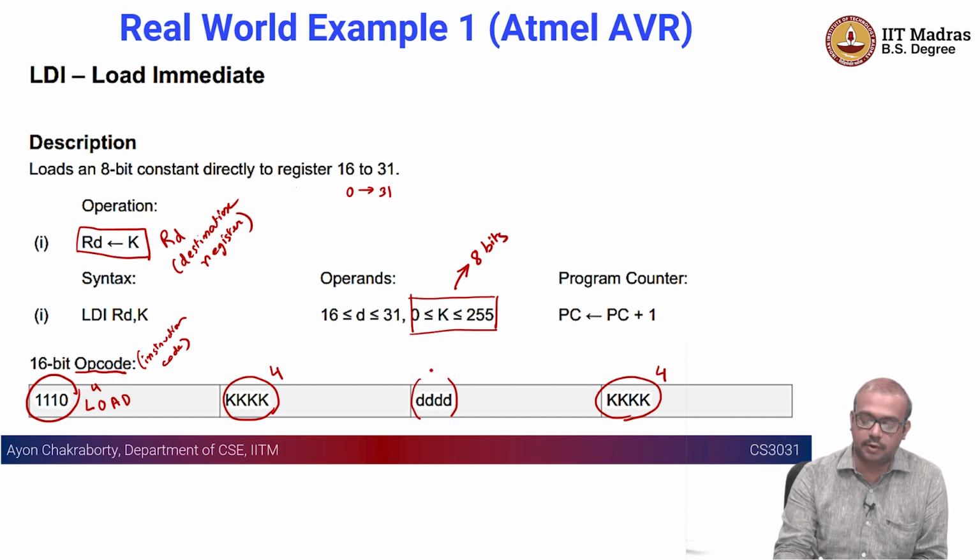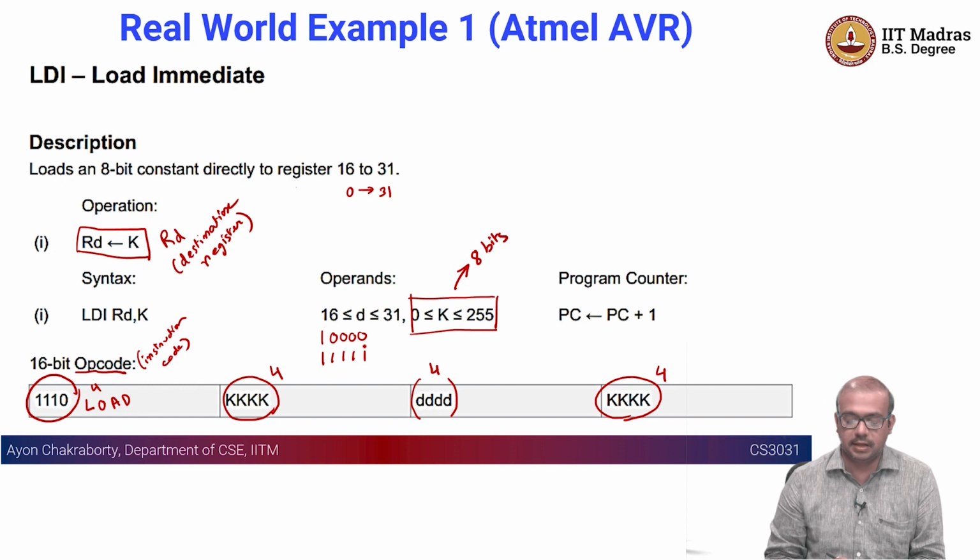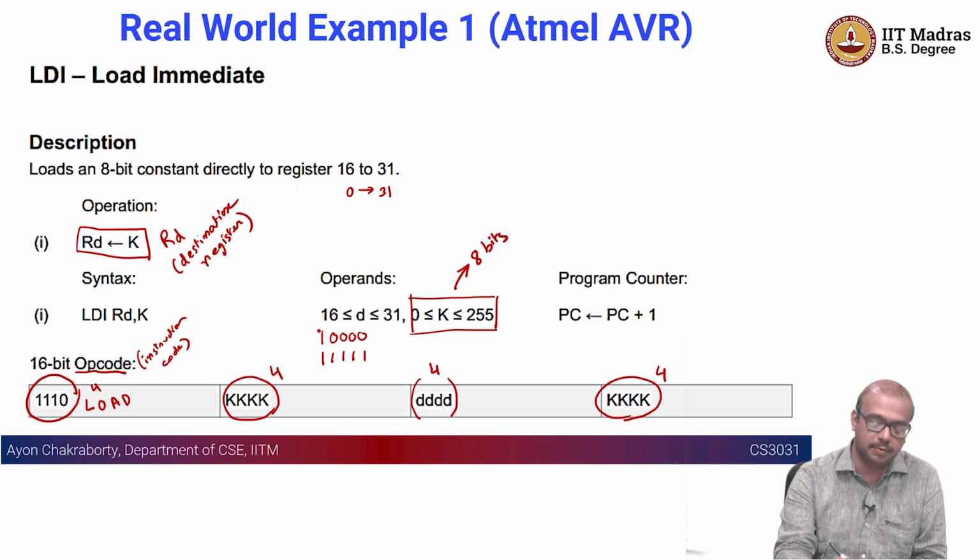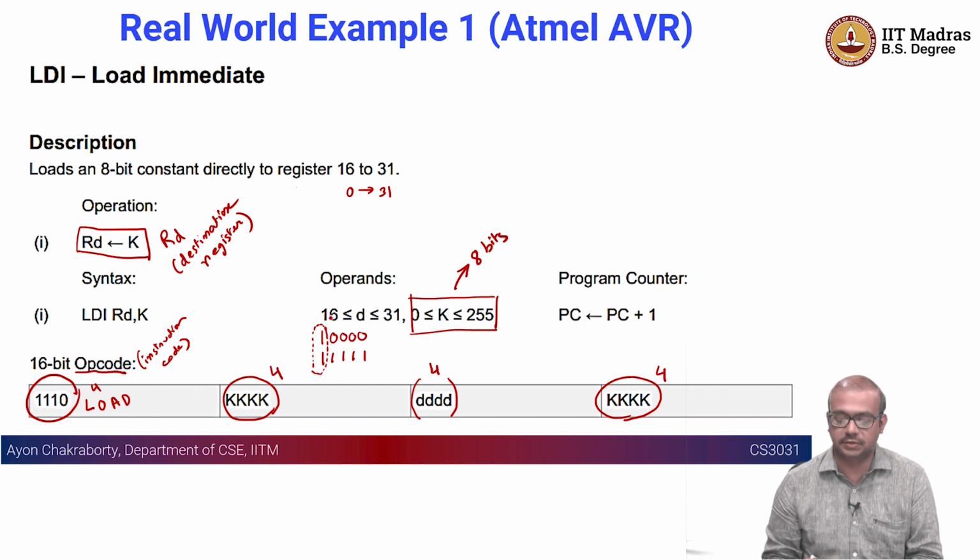So we are forced to use only 4 bits, and these could start from 16, which is 1 0 0 0 0, to 31, which is 1 1 1 1 1. This leading bit is redundant because it is always going to be 1, so we can just specify the least significant 4 bits, which is d d d d, and it will achieve the job.